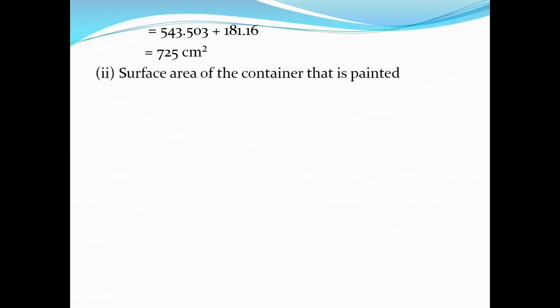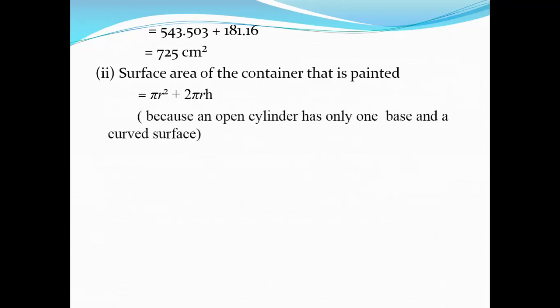Now, the second part is the surface area of the container that is painted. As the lid has been removed, this time there is only one circle, that is at the bottom. So pi r square plus 2 pi r h will be the formula, because an open cylinder has only one base and a curved surface. Putting the values: 22 over 7 multiplied by 9.3 multiplied by 9.3, and for 2 pi r h, 2 multiplied by 22 over 7 multiplied by 9.3 multiplied by 3.1.